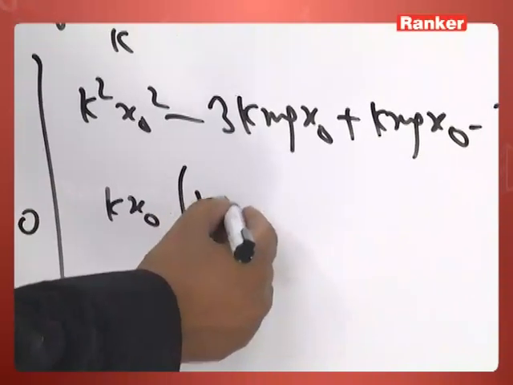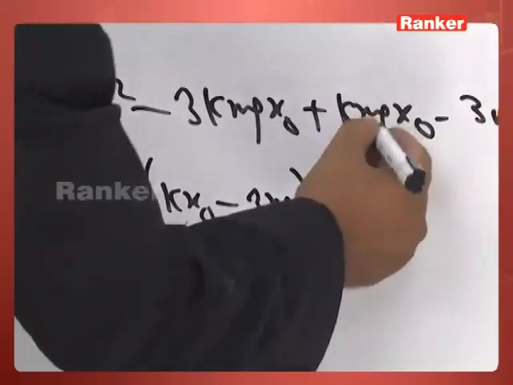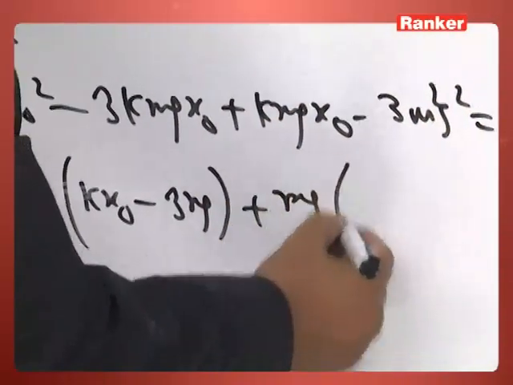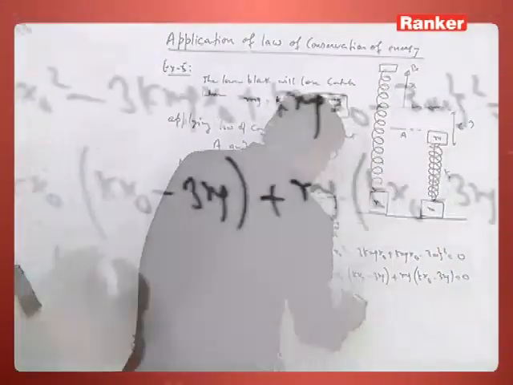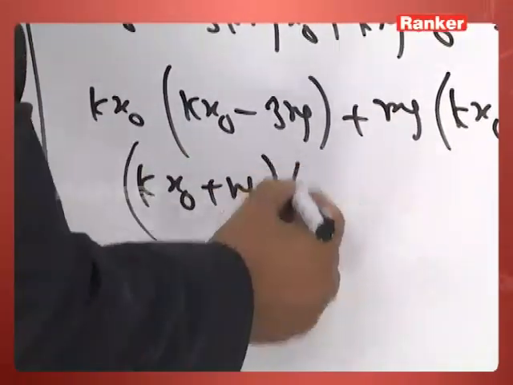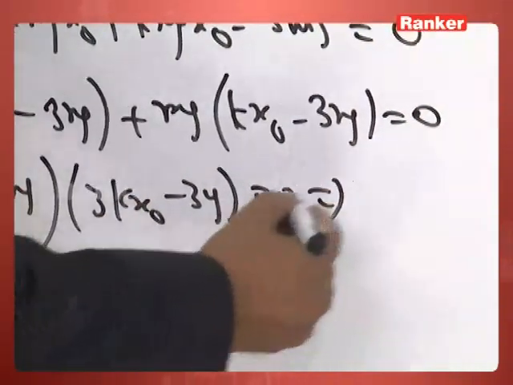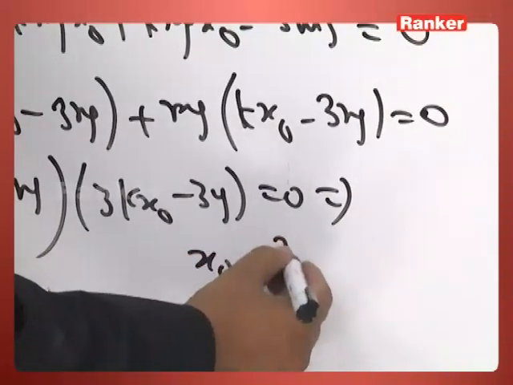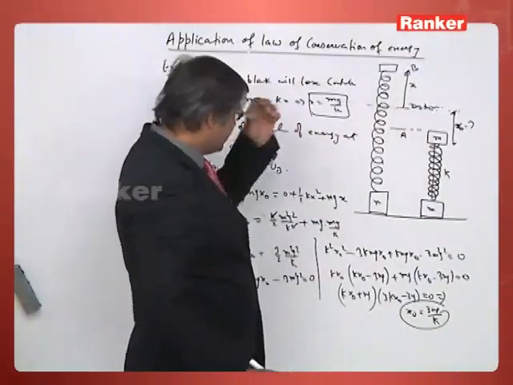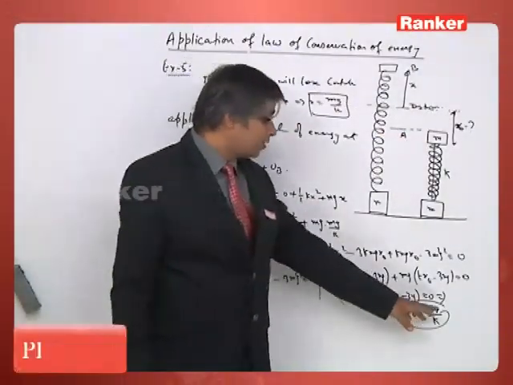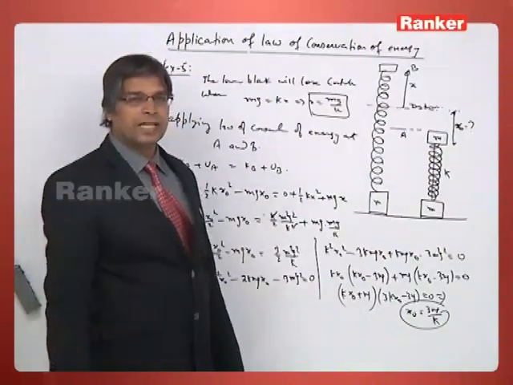So I will get k x naught times (k x naught minus 3mg) plus, here I will take mg common, mg times (k x naught minus 3mg) equal to 0. So (k x naught plus mg) times (k x naught minus 3mg) is 0, which implies x naught is equal to 3mg by k. So thus we got that the initial compression in the spring must be equal to 3mg by k, so that the lower block loses the contact with the ground.